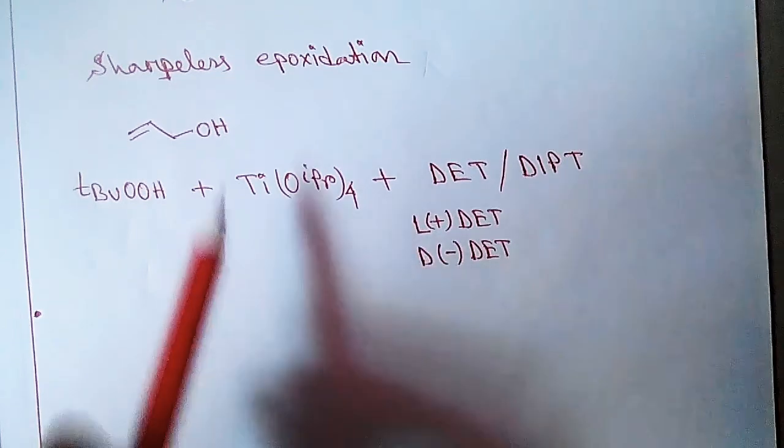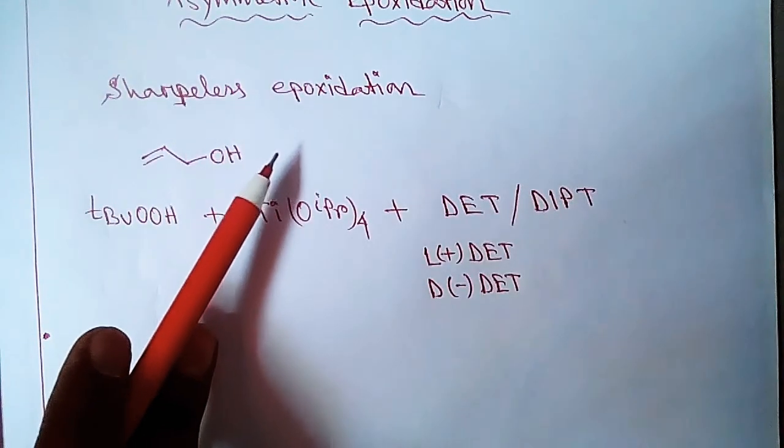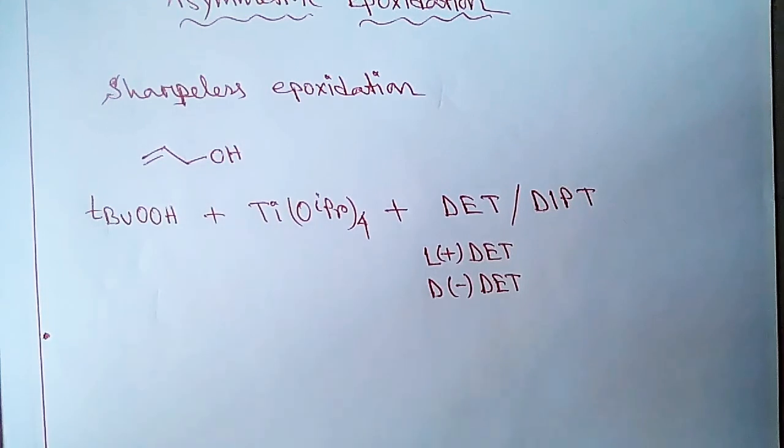When Sharpless discovered this asymmetric epoxidation, the mechanism of the reaction was so complex that it was very difficult to understand the mechanism and predict the product.